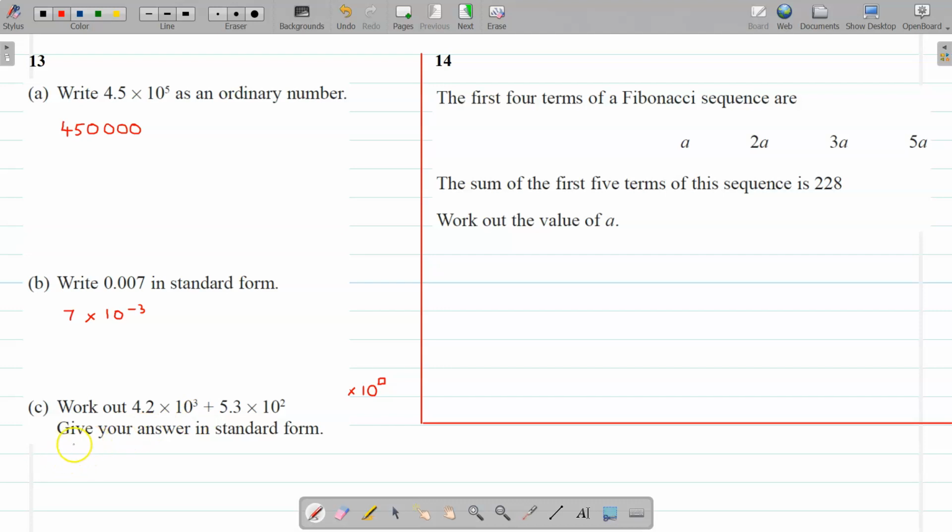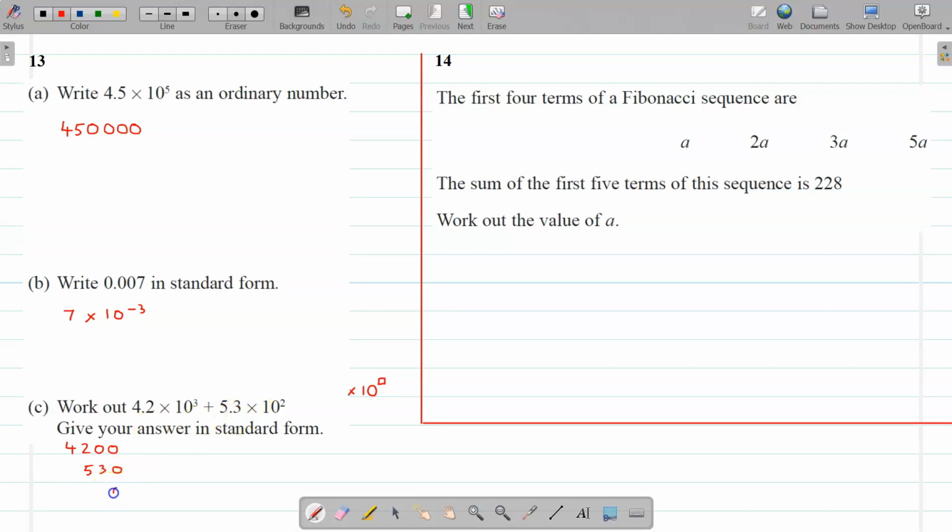But another way, of course, is just to do it manually. 4.2 times 10 cubed is 4,200. Okay, and 5.3 times 10 squared is 530. Okay, so they go out of alignment, the digits, because of the different powers of 10.